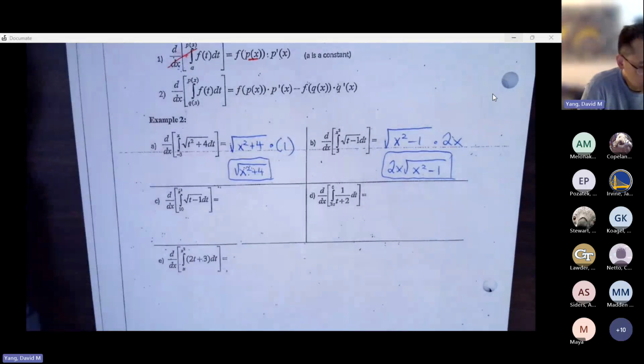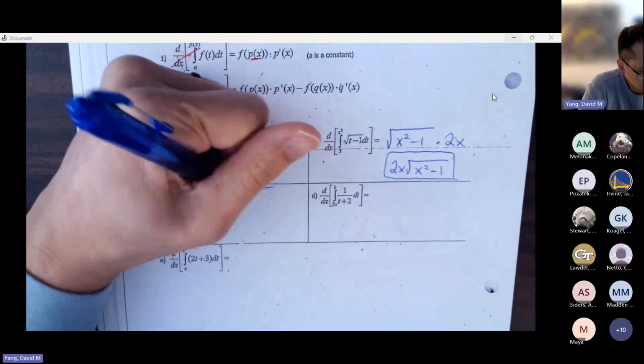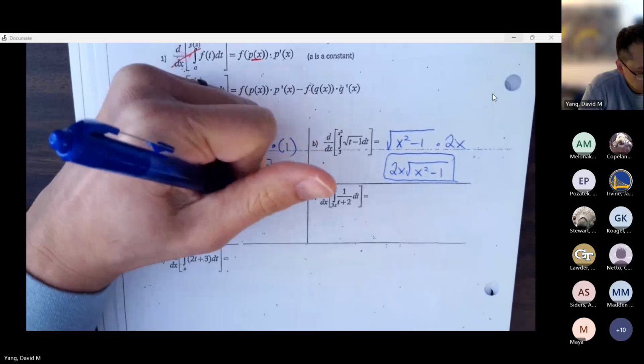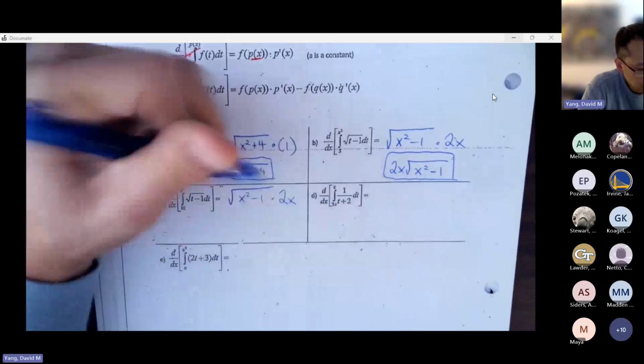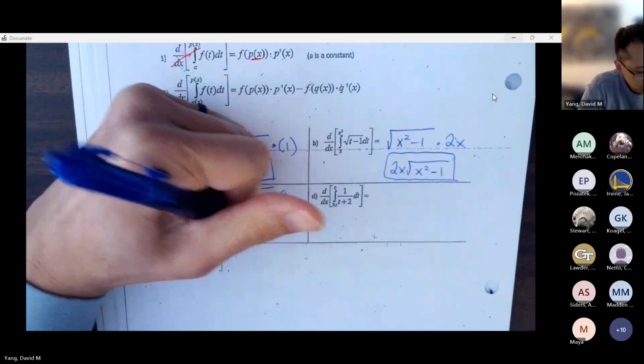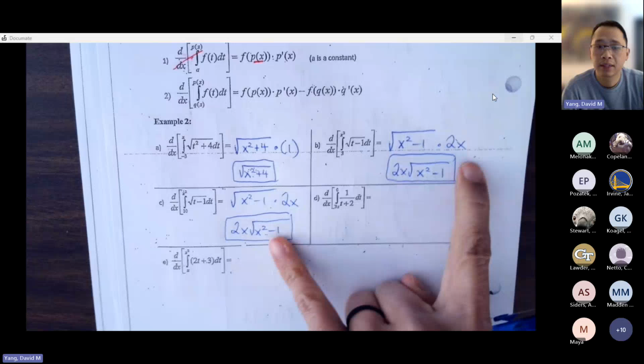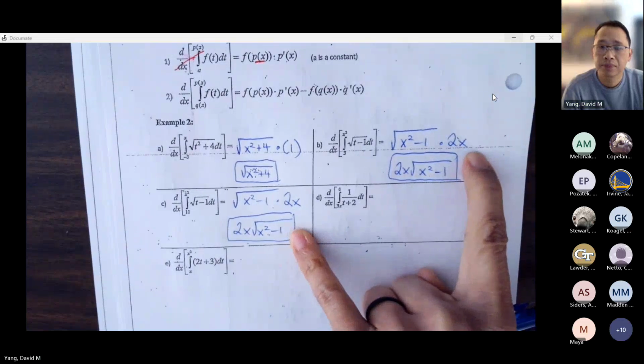So part B and C will be the exact same. Upper bound into the expression times the upper bound's derivative. So that lower bound constant is not going to impact the answer.